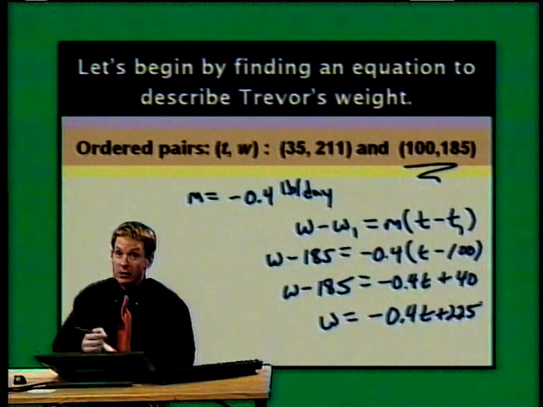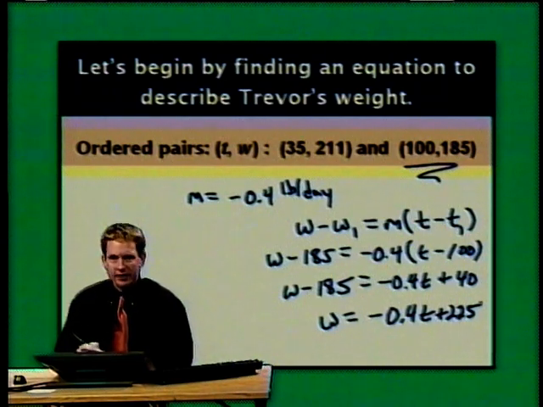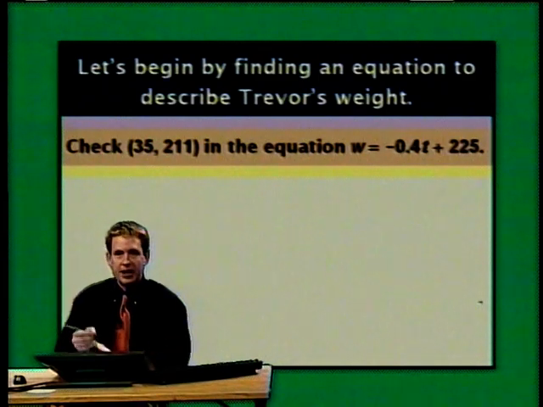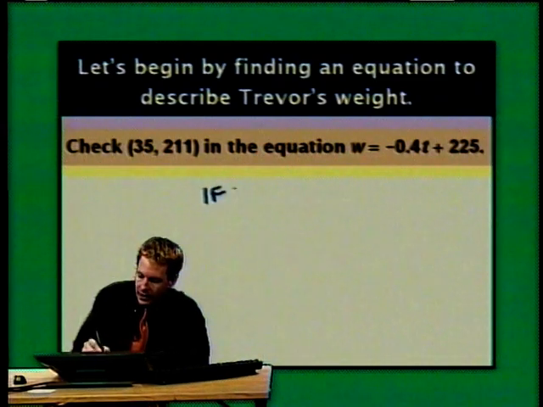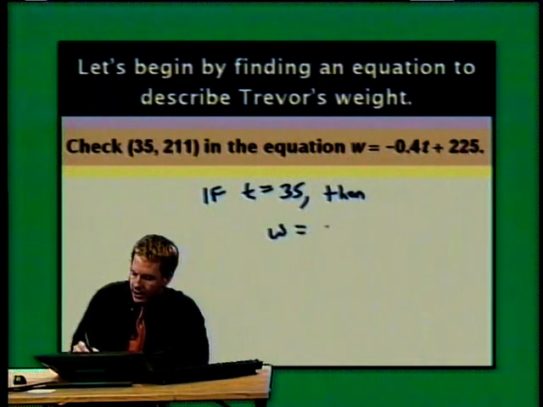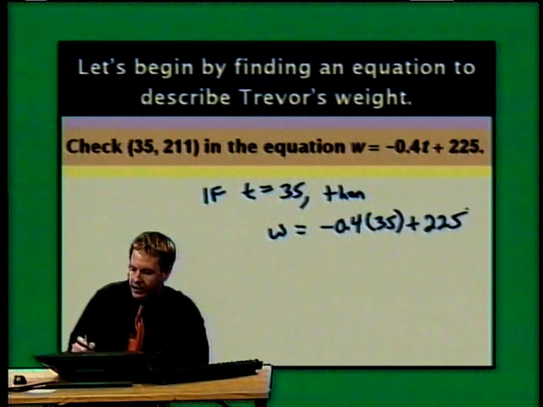Now, before I get around to answering the specific questions, I think I am going to check this equation. So let's check the point I didn't use in this equation and make sure it satisfies the equation. If t is 35, then the value of W is negative 0.4 times 35 plus 225.